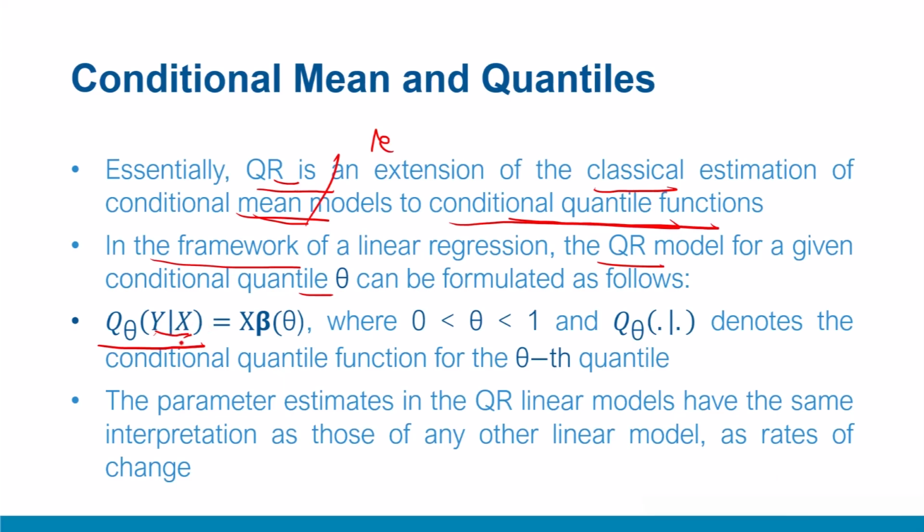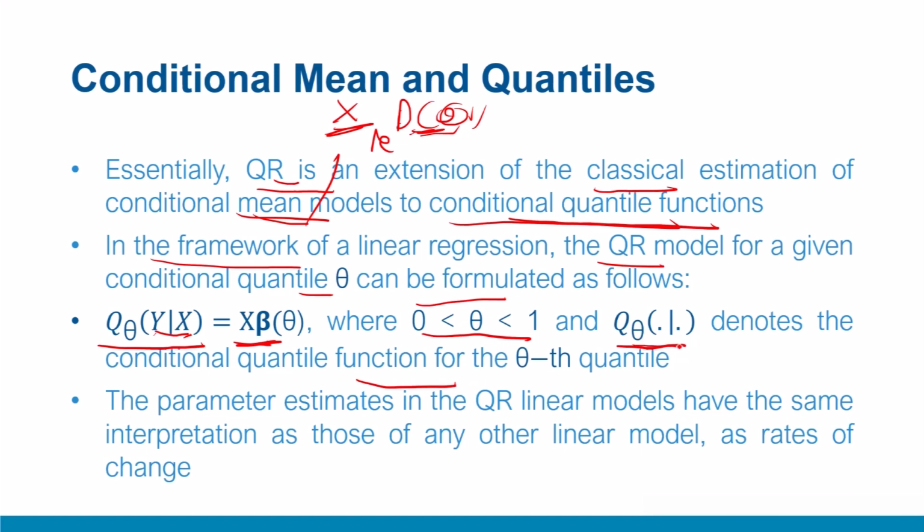It allows that across different quantiles, the impact of x on y is different and can be captured by this quantile function, which is x beta theta, which means there is a vector of variables x and a vector of estimates beta. Now the beta is changing across theta. It's not constant, it's changing across quantiles, where theta is from 0 to 1. Quantiles vary from 0 to 1. So this q theta is the conditional quantile function.